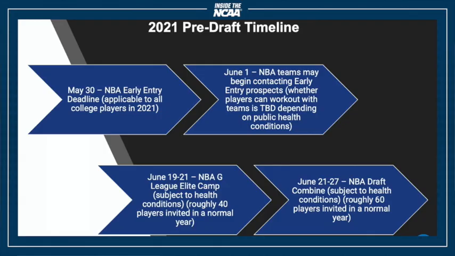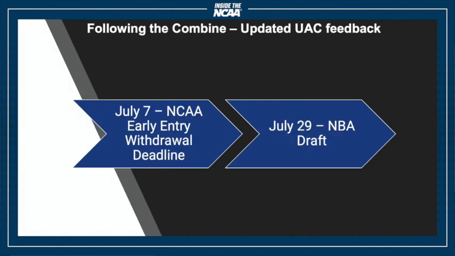I would just reiterate some key dates. The early entry deadline under NBA rules is May 30th. By that point, a player will need to decide whether or not they want to test the waters of this year's NBA draft. The combine is scheduled to take place from June 21st to June 27th. 10 days after the conclusion of that combine, NCAA rules dictate that the NCAA early entry deadline this year falls on July 7th.